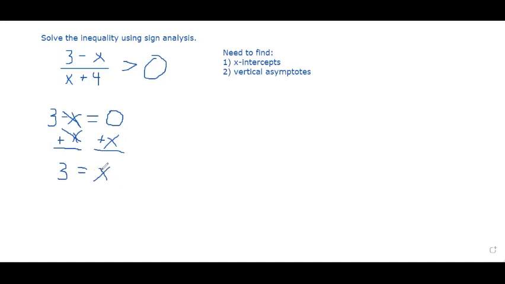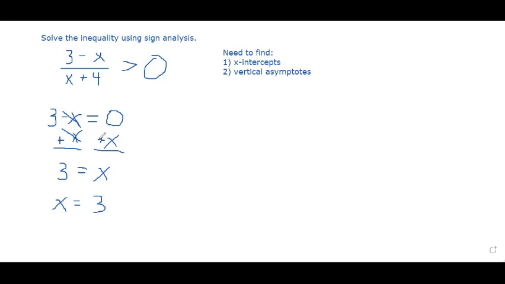And if we want to write it so that x is on the left side, we can just put x is equal to 3. All right, so that is our x-intercept. This is the value of x that makes the function equal to 0.